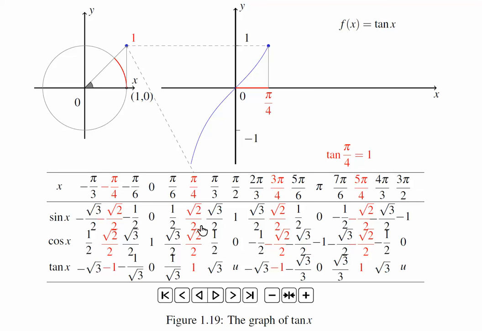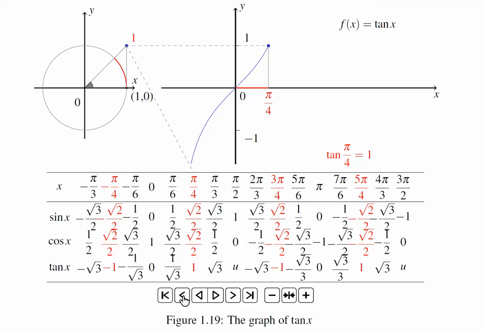Dividing by the same value, you get 1. So from the numerical perspective, from the definition of the ratio, you have 1 as well for the value of y. That's the value for pi over 4.